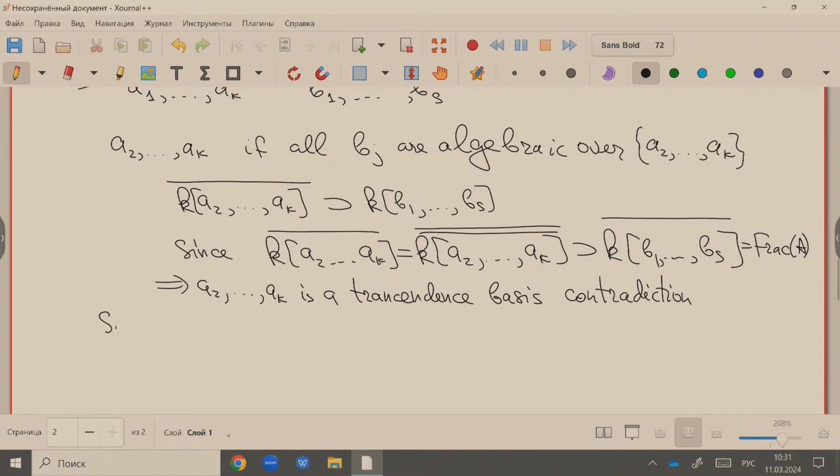So there exists Bj such that it is transcendent over A2, ..., AK.